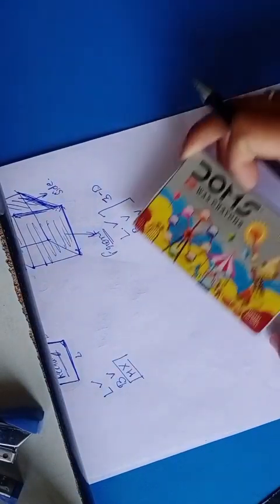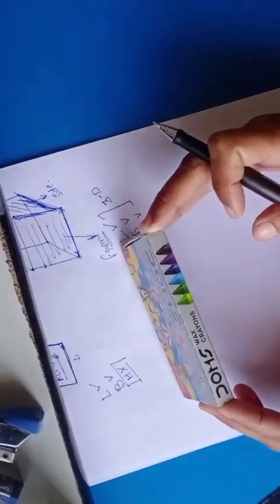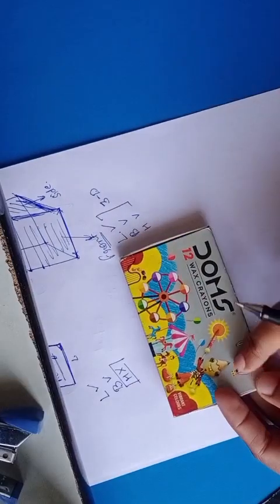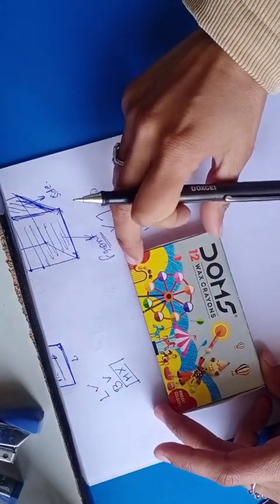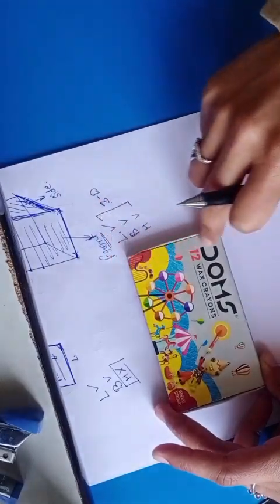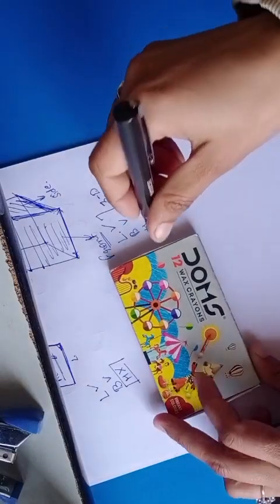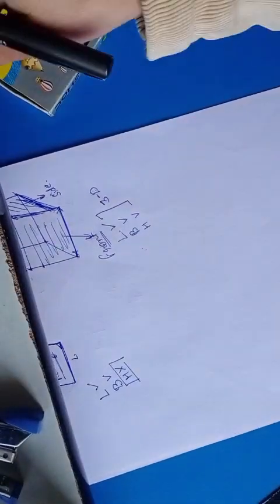And this box is a 3D shape. How can we say that this box is a 3D shape? This is the length of the box, this is the breadth of this figure, and this is the height of this figure. This is called a 3D shape.